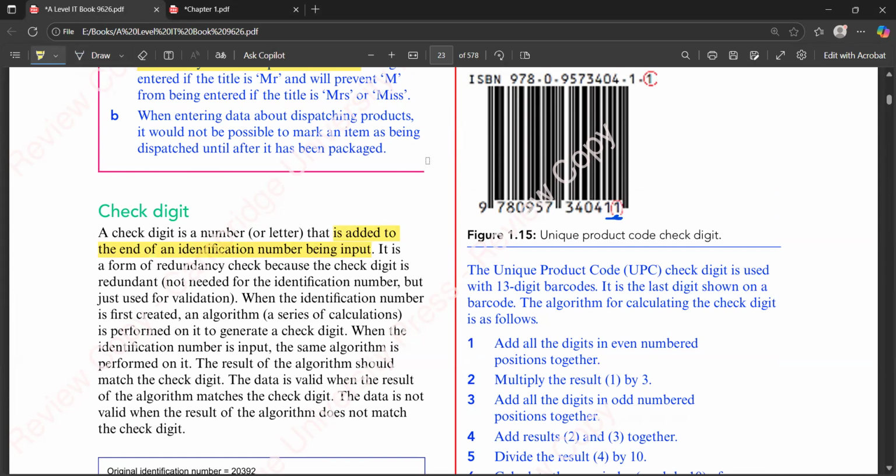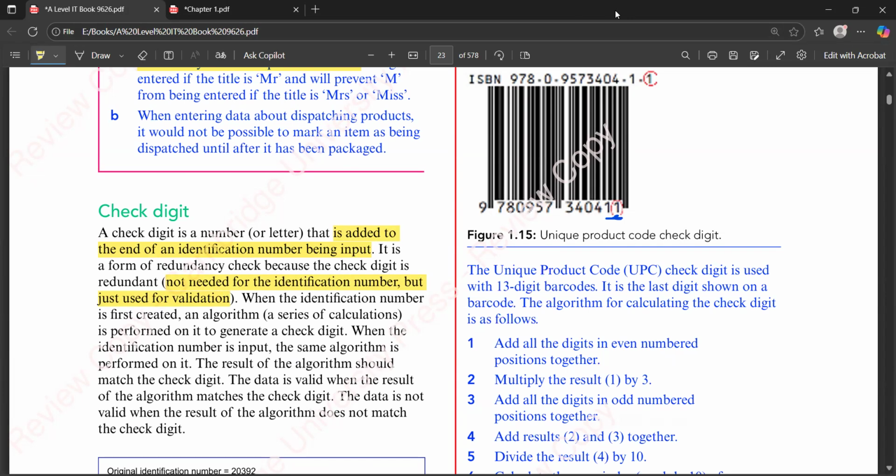It is a form of redundancy check, not needed for the identification number, but only used for validation to make sure that whatever you have is correct or not. At the end of your code, it is calculated from all other digits and is used as a method of identification.